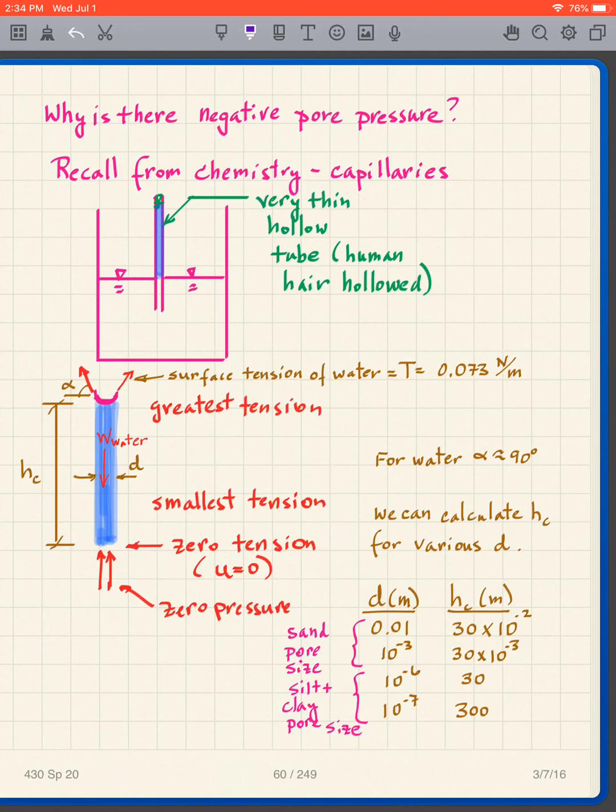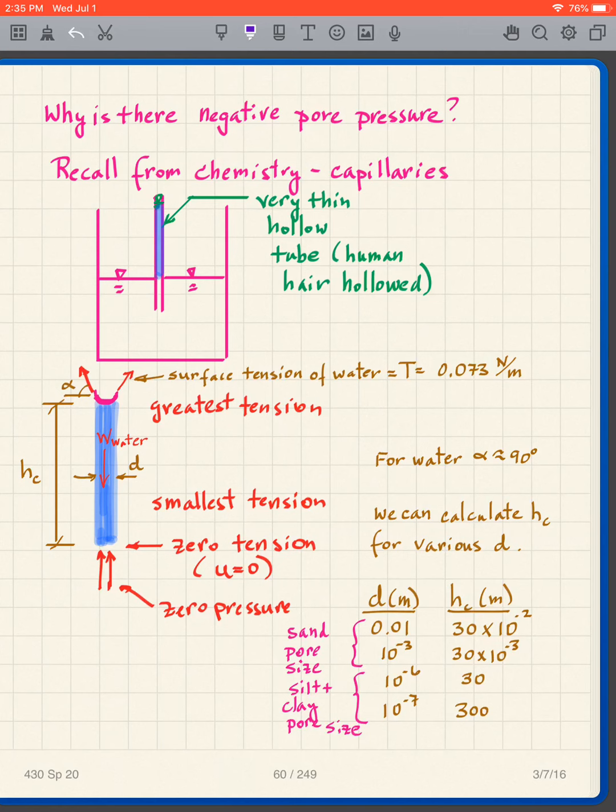If I put that into, let's just say I have a container of water here, and I put a very thin tube into it, well, that's hollow, well, what's going to happen? Due to the principle of capillarity, water goes up the capillary.